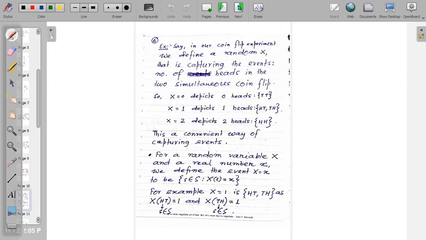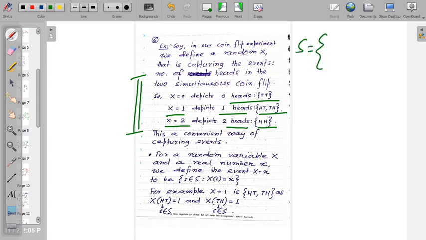Okay, next, whatever we have discussed is written over here. X equal to 0 depicts 0 heads, which comprises the elementary event TT. X equal to 1 depicts 1 head, which comprises exactly 1 head. And X equal to 2, 2 heads, comprises the elementary event HH.